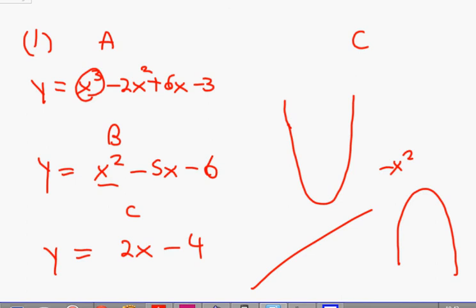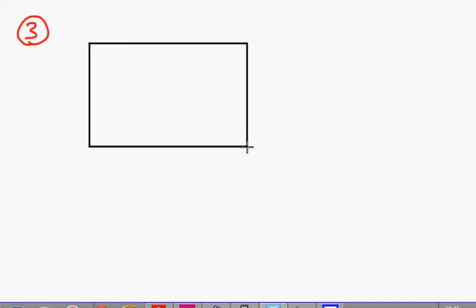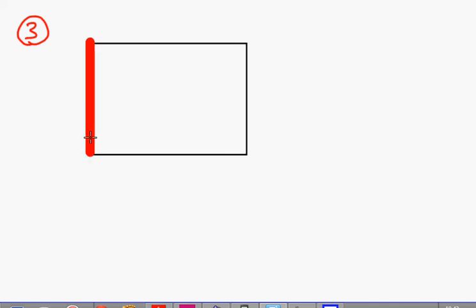Okay. Now, the next type of question is this, guys. Another type of question here. This is the third question we're doing today. Question is this, okay? We want to enclose a farm. And what we want to do with the farm is enclose basically the outside of it. Now, one side, this side here, is a concrete wall.